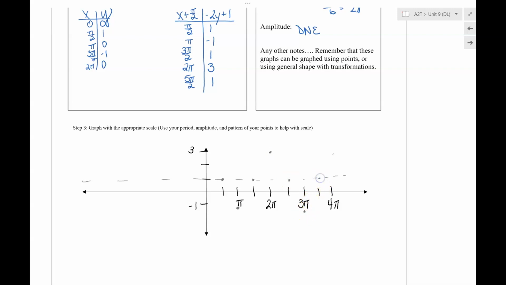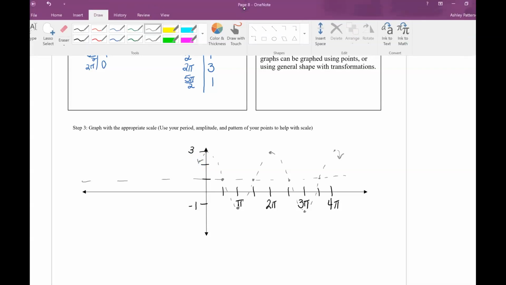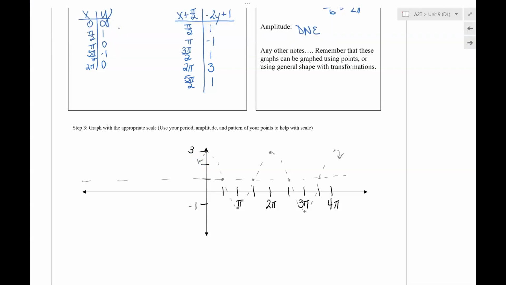Remember, this is just to give us an idea of what is happening with our reciprocal. So when you sketch in the sine function, do it in a dashed curve, not a solid curve. All right, I know that wherever I have a point on the midline, that's going to be my asymptote, because that was the zeros when we didn't have any transformations.